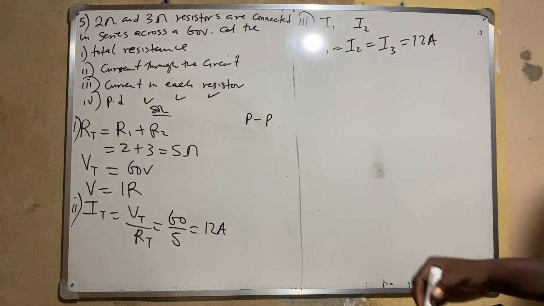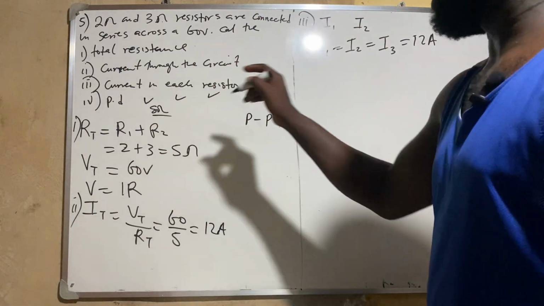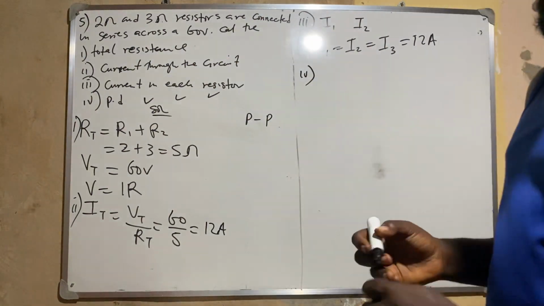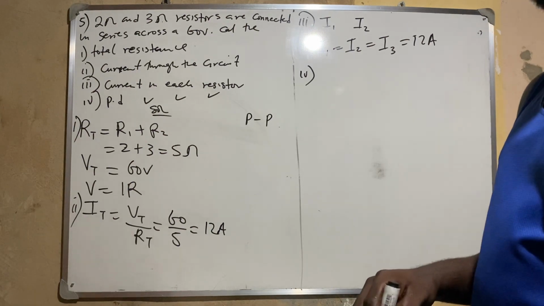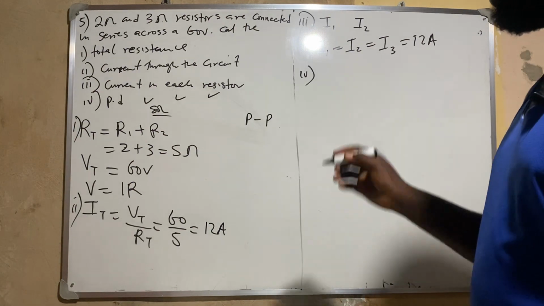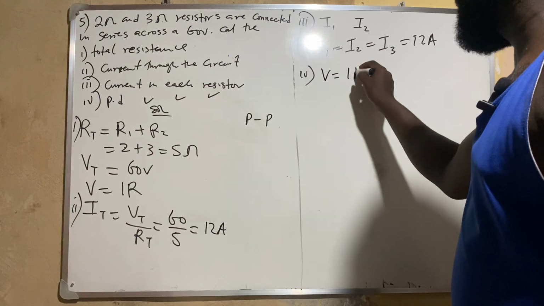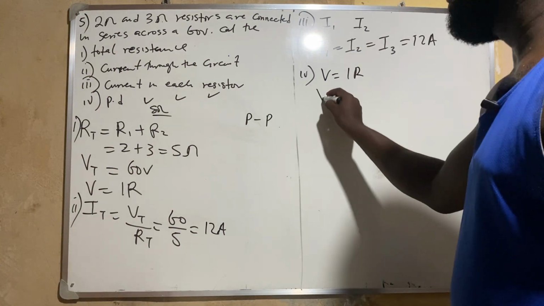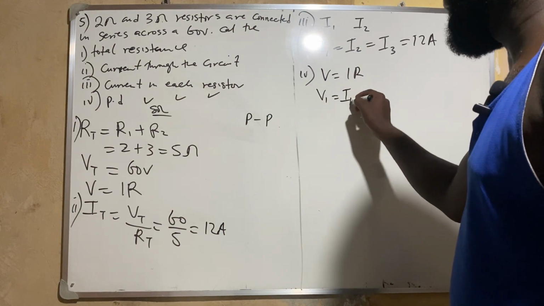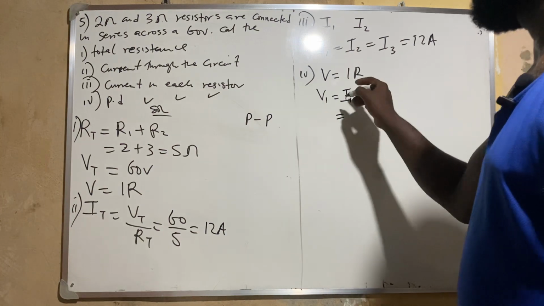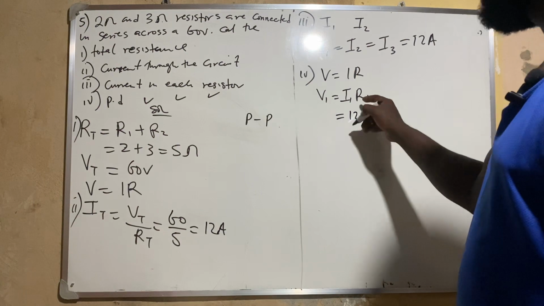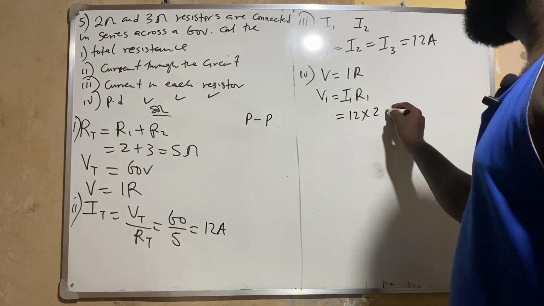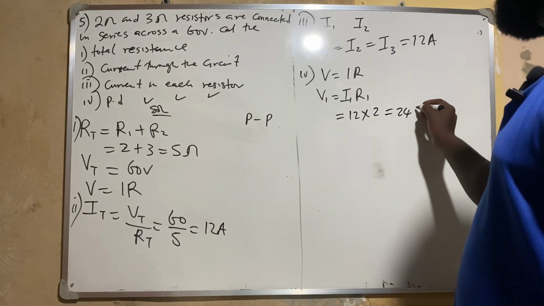Now part IV says we should get the potential difference across each of them. V is equal to IR. So V1 will be I1 R1, and I1 is 12, so 12 times my R1, which is 2, gives 24 volts.